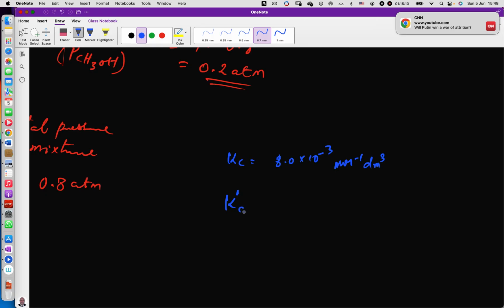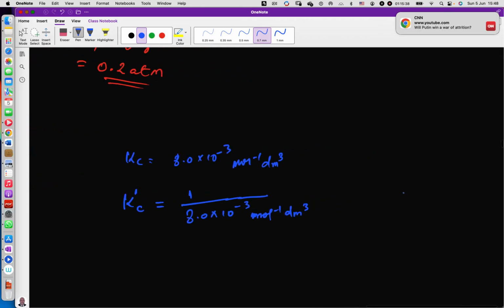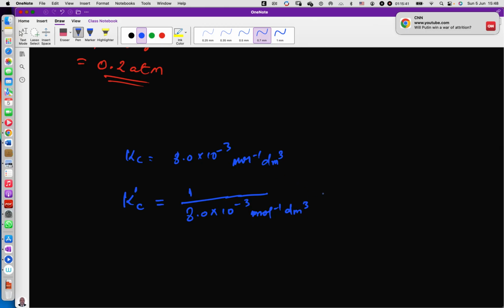K prime c will be equal to 1 divided by 8.0 times 10 to the minus 3 per mole dm cube, and that will give us 1.25 times 10 to the second power mole per dm cube.